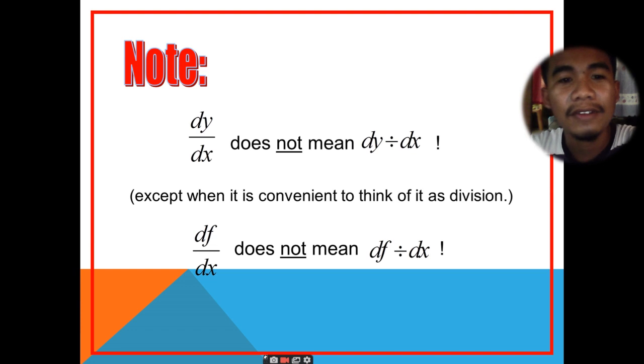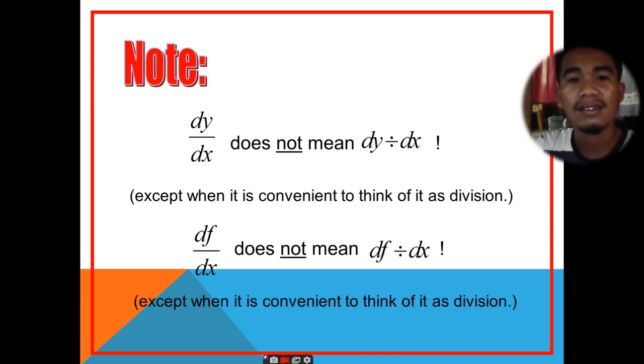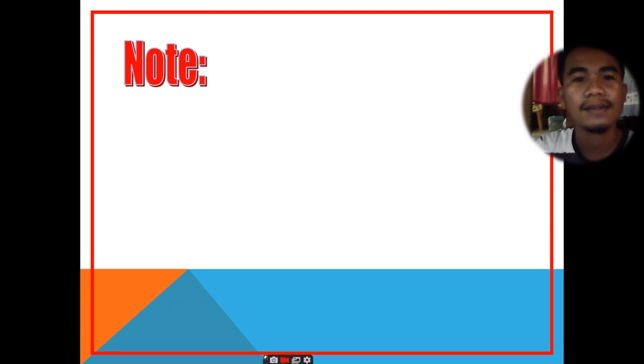Also df/dx does not mean d divided by dx, except when it is convenient to think of it as division. That's called df/dx.